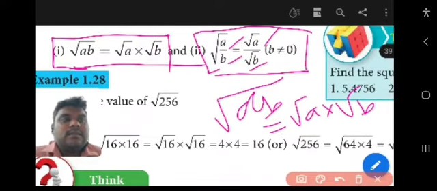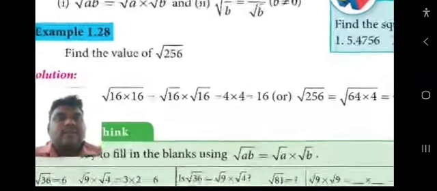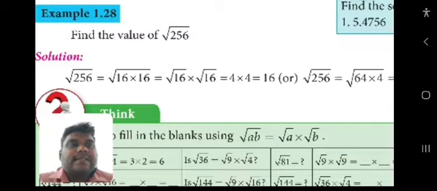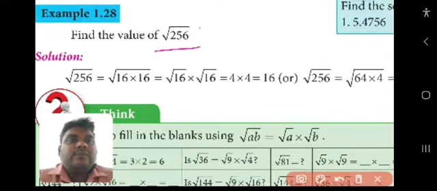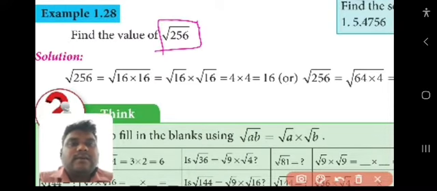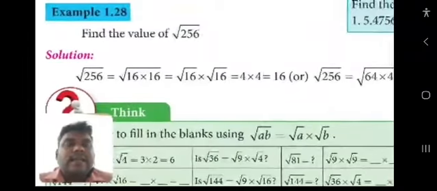Okay, these are the important results. Based on these results we are going to see one sum. Let's see example 1.28. Find the value of square root of 256. Here we do not use the long division method or prime factor method. Here we use the result root a into b equals root a into root b.